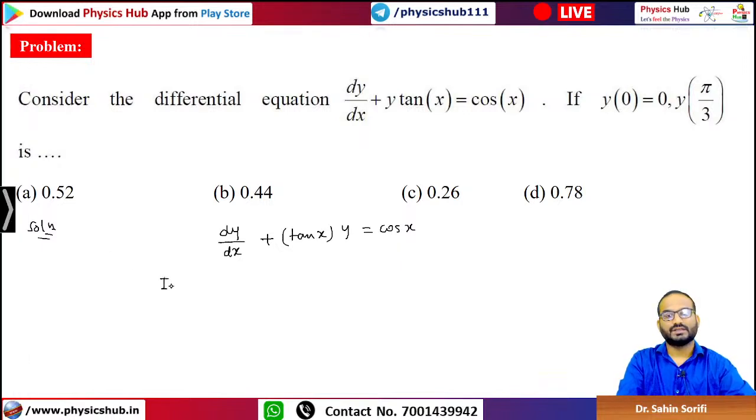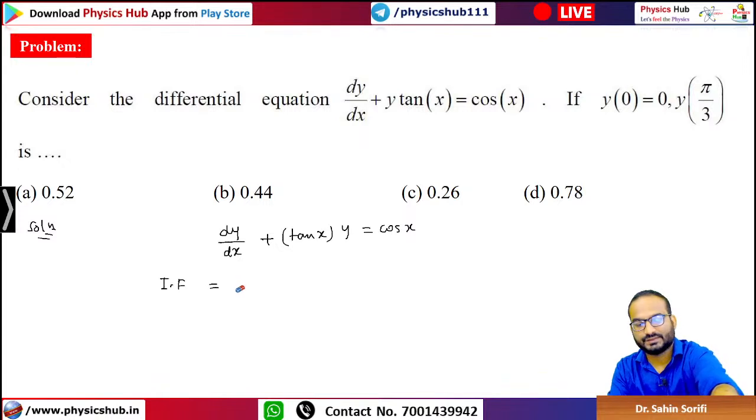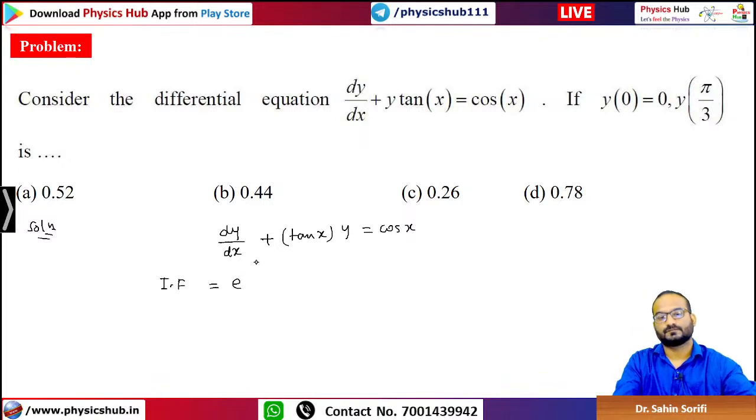So let's calculate the integrating factor, e to the power integration p of x dx, which is tan x dx. What is the integration of tan x? Log of sec x. So this is sec x.